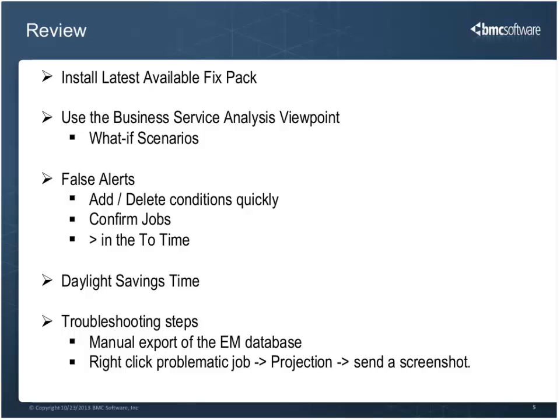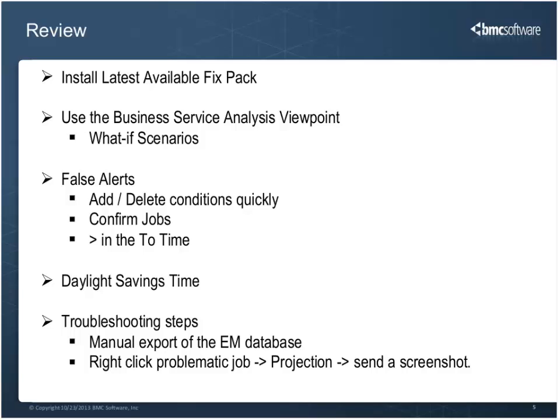In some of the earlier fix packs, that created a problem with some of the BIM calculations as to when a job might end. So again, having that latest fix pack installed is really going to guarantee that we bypass some of these potential items that might come up. You can always remove that from the job if it's applicable, but sometimes we can't.